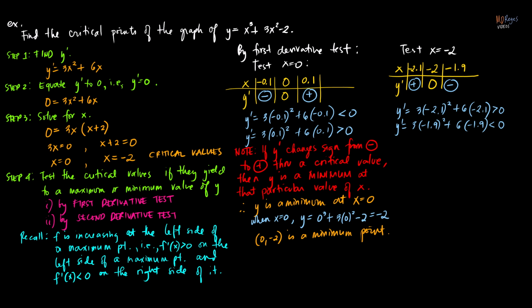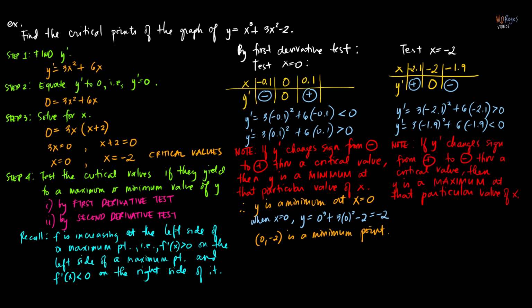So in this case, for the first derivative test, if y prime changes sign from positive to negative through a critical value, then y is a maximum at that particular value of x. So therefore, y is a maximum at x equals negative 2.